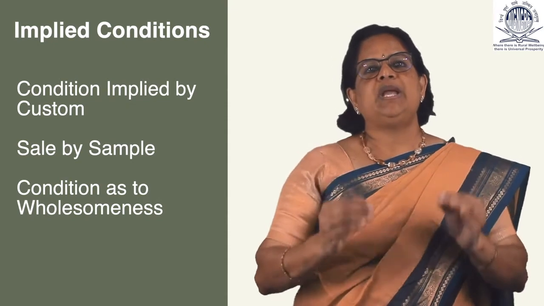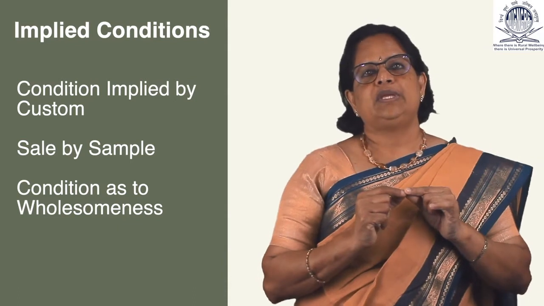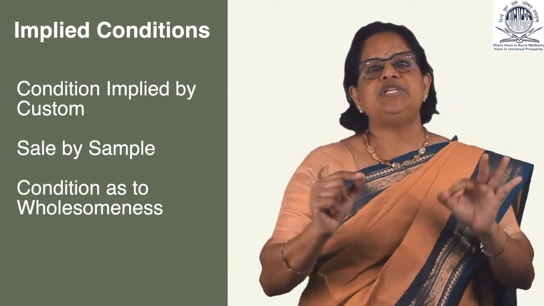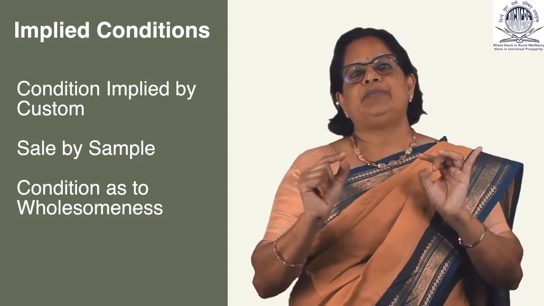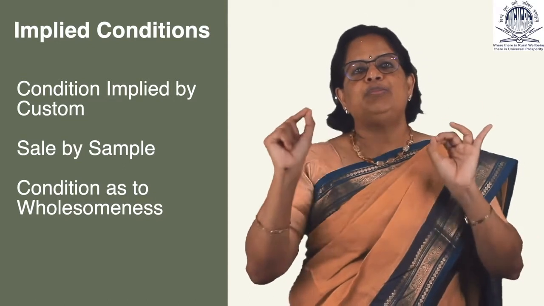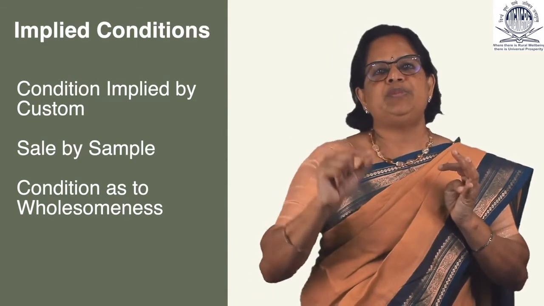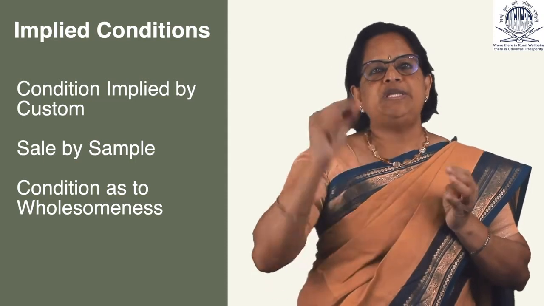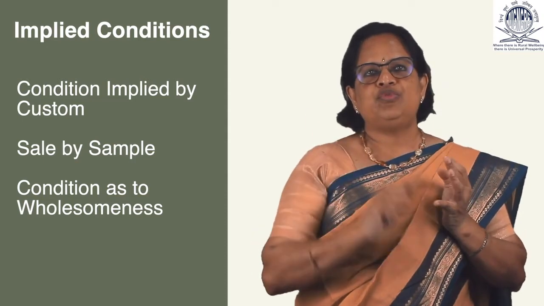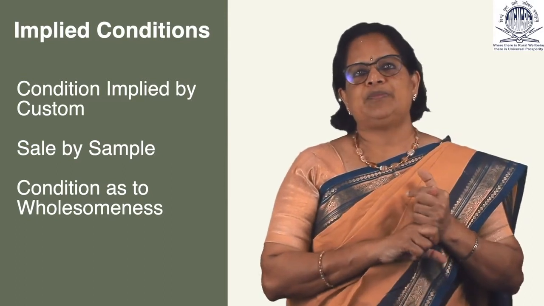The last implied condition is condition as to wholesomeness. The condition of fitness of merchantability requires that the good should be wholesome, that is, fit for the purpose of human consumption. This condition is a part of the condition as to merchantability. It is applicable in the case of food items and other goods which are used for human consumption.